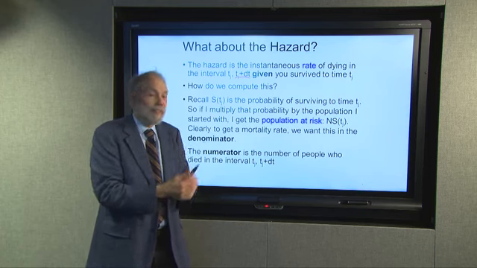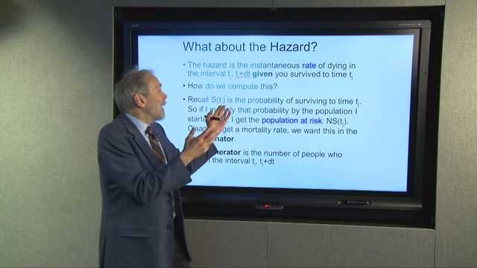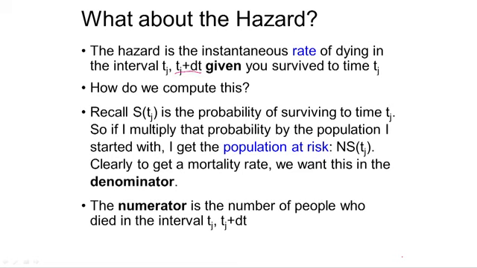Okay? And so surviving to t sub j is just the survivor function that we've just defined. So fortunately, we now know what that is. And that's going to be in the denominator for calculating this rate. And the numerator, as I said, is just the people who died in this time interval.